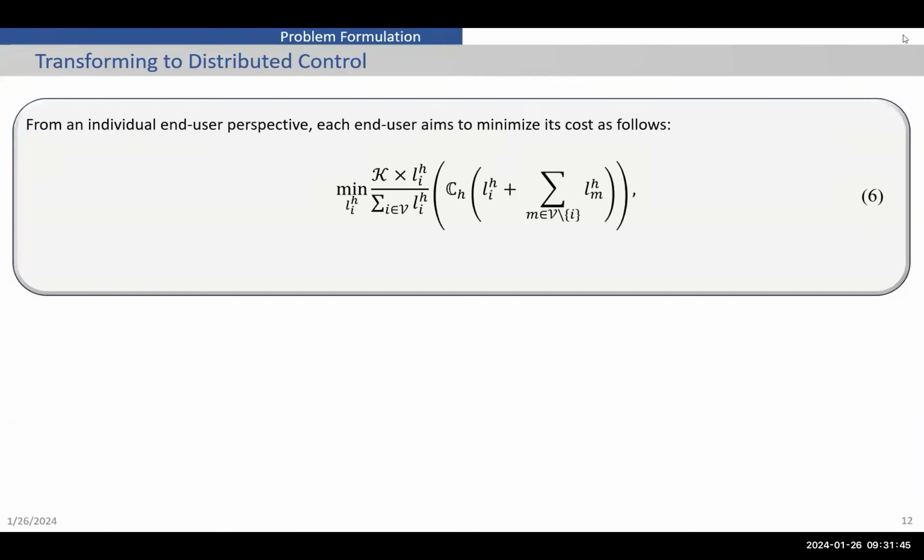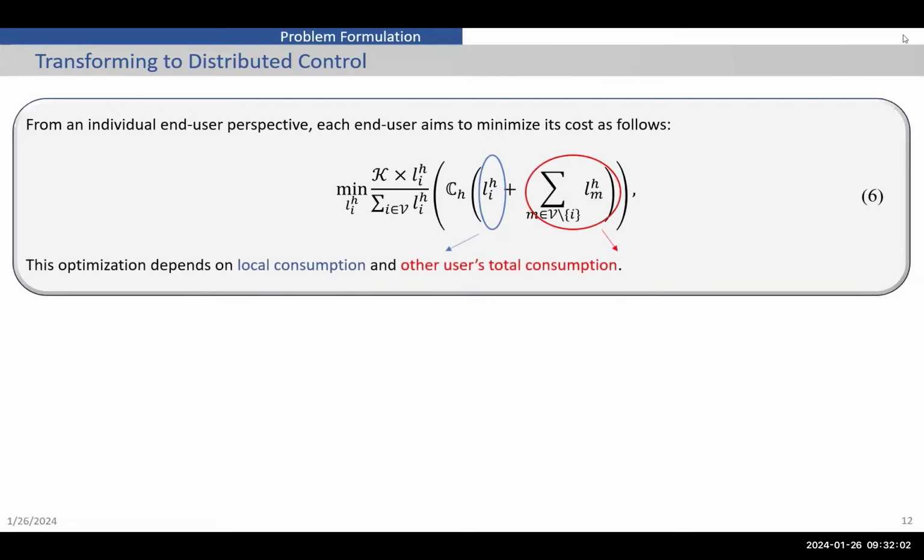At the end, we have this optimization problem from the perspective of one individual agent. And here we see that if each user wants to minimize the cost, they need these two pieces of information. The first one is the local consumption, L_i^h, which is okay, it's fine. But the other one is they need to know the other users' total consumption.